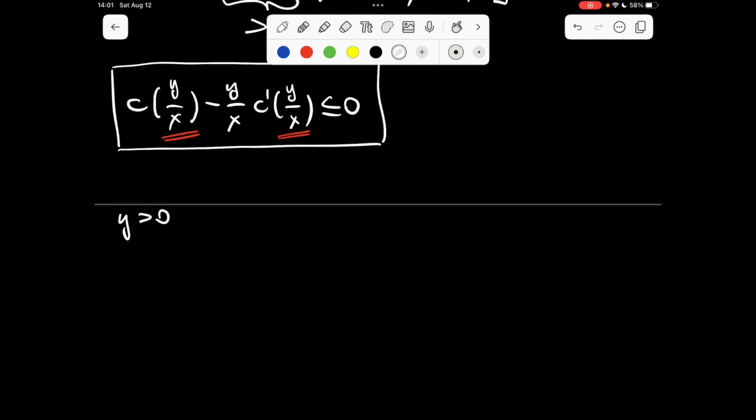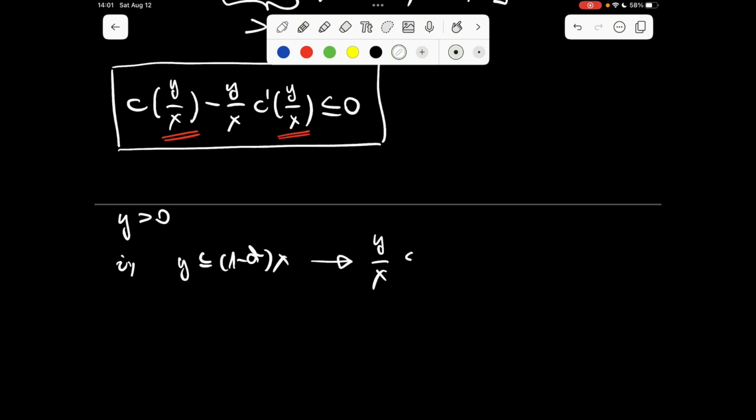Cost function c has two sections. In the first section, it is true. Okay, so it is also true.